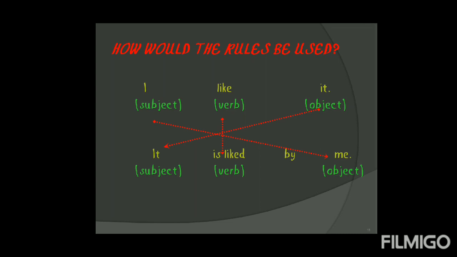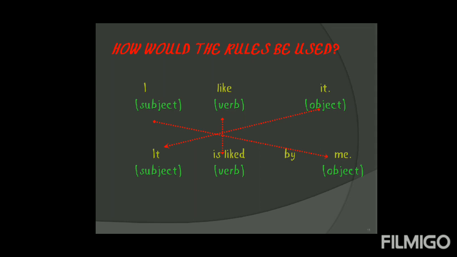So the subject is transformed into object, the object is transformed into subject, the verb is changed according to the rules of the tense, and by is added before the object, and we get our desired passive sentence, and just the opposite form would be followed to change passive sentences into active sentences.